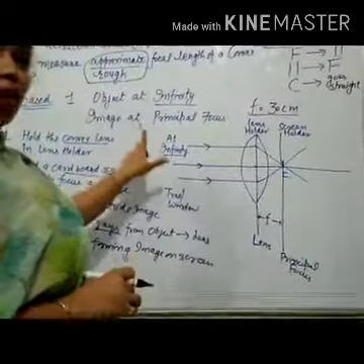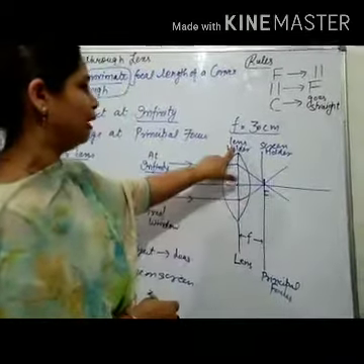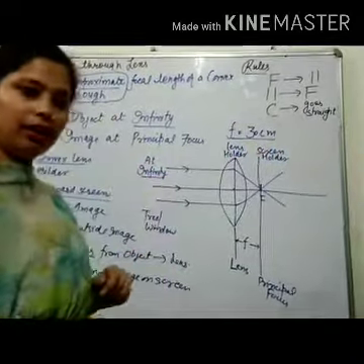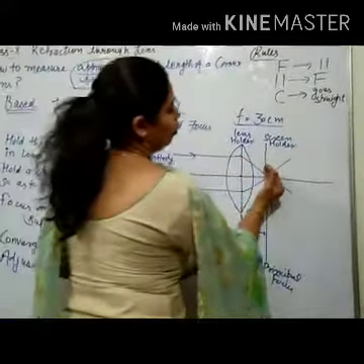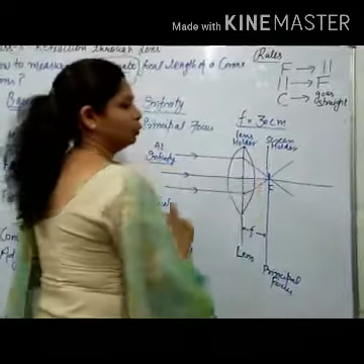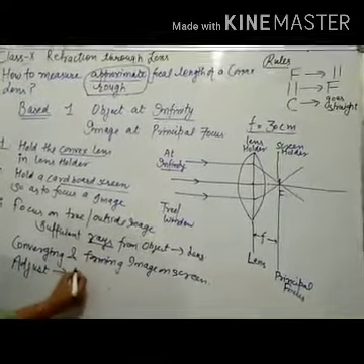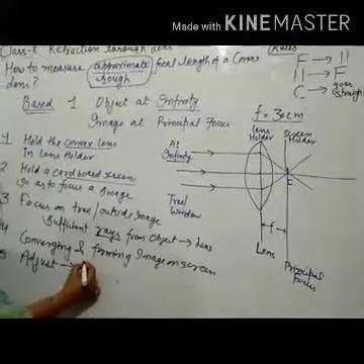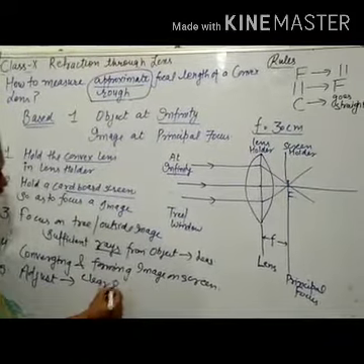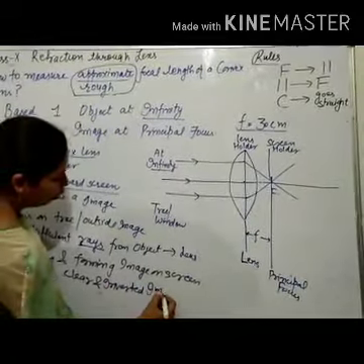For the tree that is outside, we will adjust the separation between lens and screen, either by moving the screen holder away or nearer, or by moving the lens holder, in such a way that a clear and inverted image is formed on the screen.